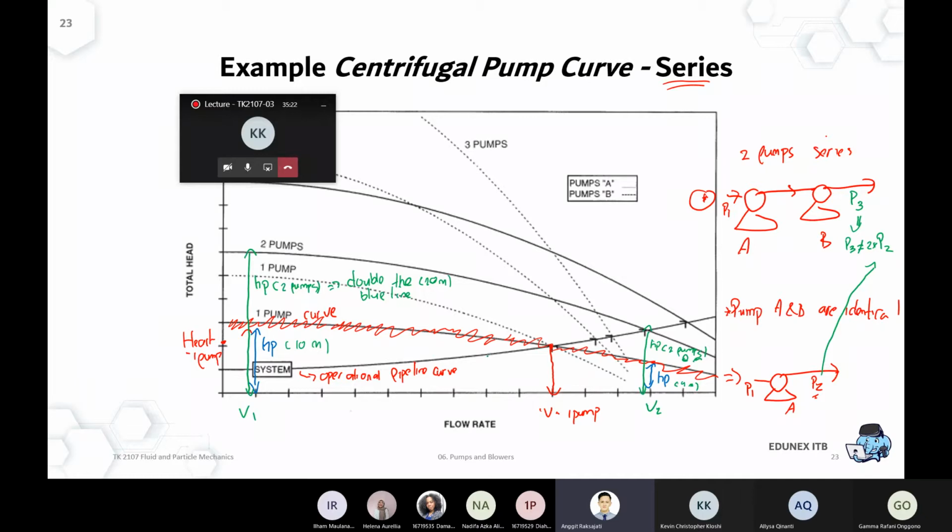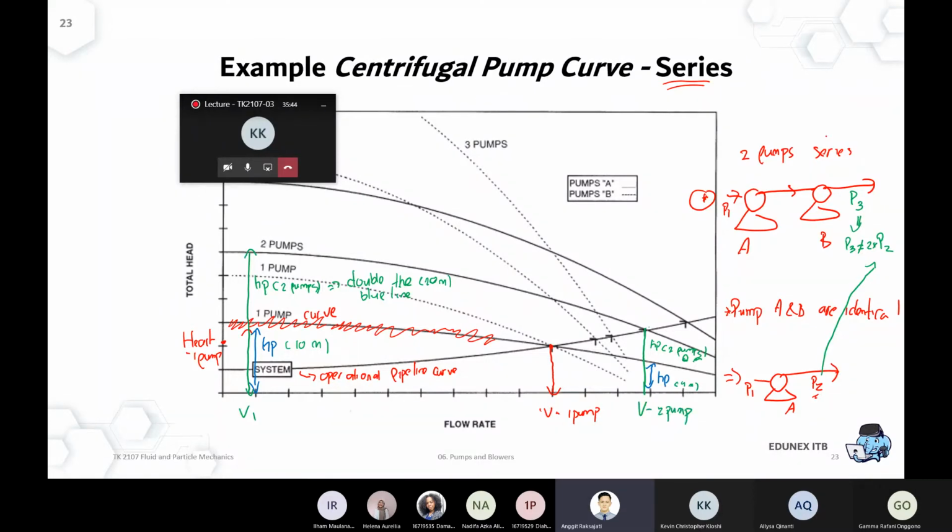again, you have to check where the operational pipeline curve is. Now it will intersect the two pump curve at this point. That's my V2 pump.